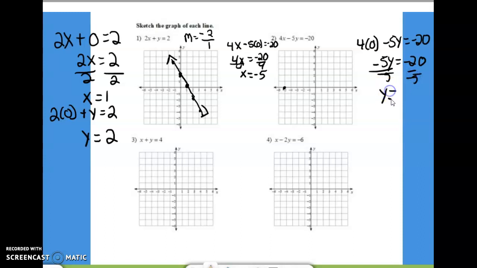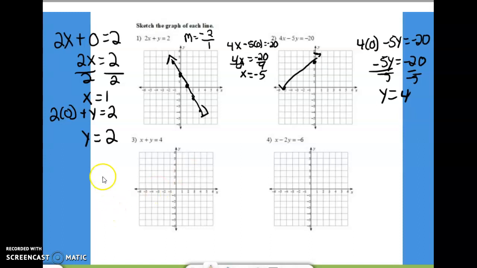The y-intercept is 4. 1, 2, 3, 4. You could tell you are going up, positive. 1, 2, 3, 4, 5. So the slope is positive 4 over 5.